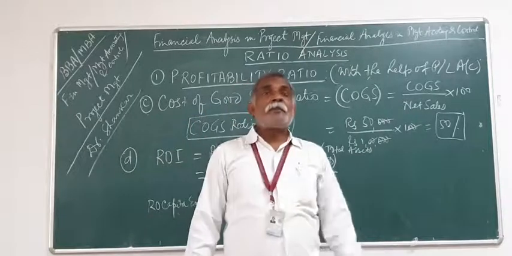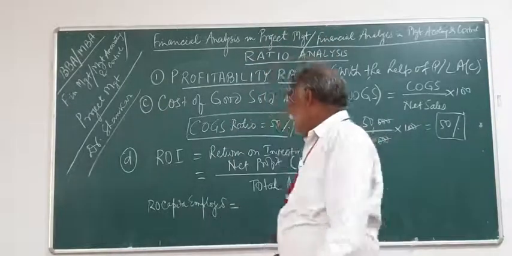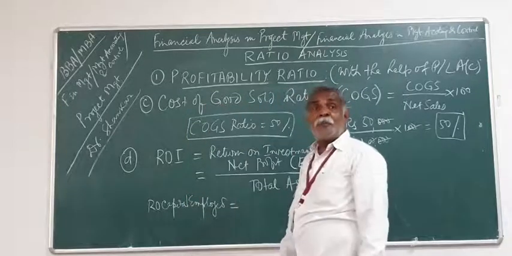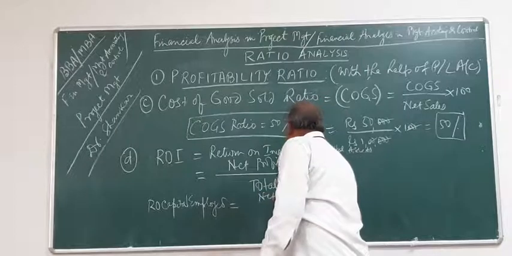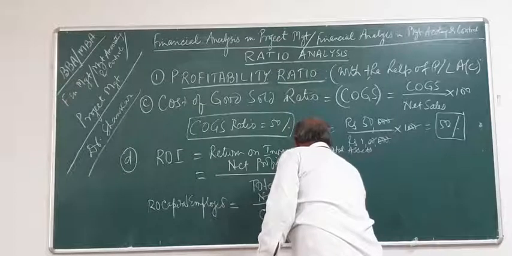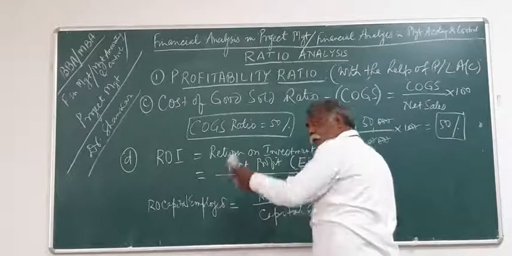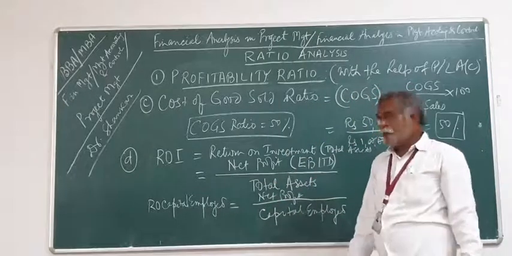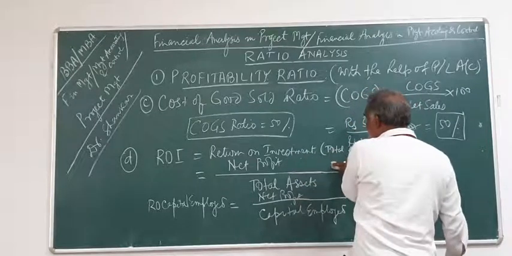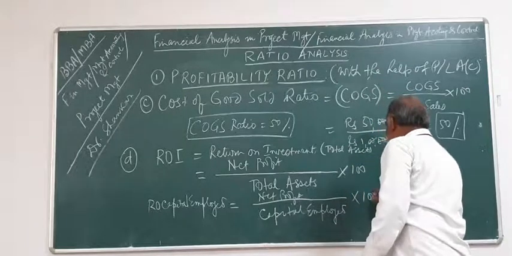Where are you investing your capital? You are investing your capital in assets. Now, if anyone asks how you calculate return on capital employed, this is also net profit divided by capital employed. Both are the same, but the nomenclature is different. Here I don't want to write EBIT because I will discuss it later, multiplied by 100. Here also multiplied by 100.